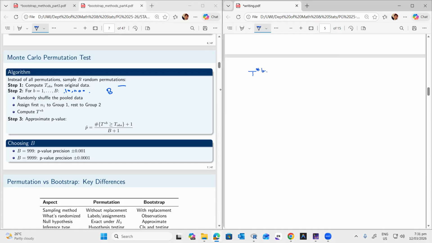And the choice of B determines how precise a p value we want, so we should take the capital B large enough. After that, we need to randomly shuffle the pooled data. The pooled data that we have is Z equals x1, x2 up to x n1, and y1, y2 up to y n2, and we will reshuffle this data set.